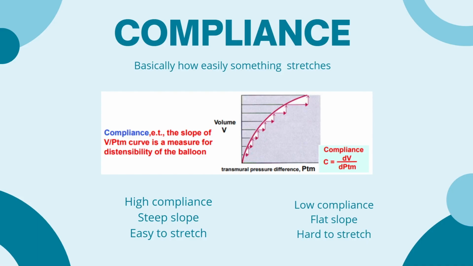This is what we refer to as high compliance, giving us a steep slope. It's very easy to stretch. Meanwhile, in the much flatter part of the graph, the amount of pressure needed to cause that exact same change in volume will be much higher, causing a much flatter slope. This is what we refer to as low compliance, meaning it is much harder to stretch.